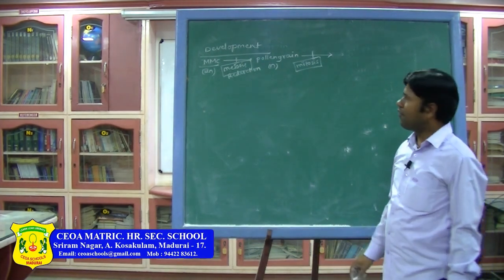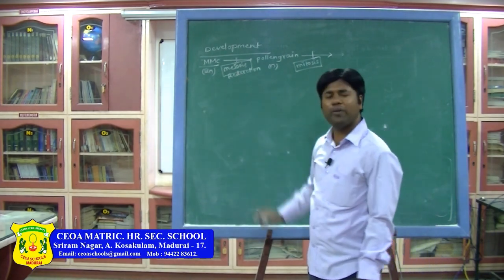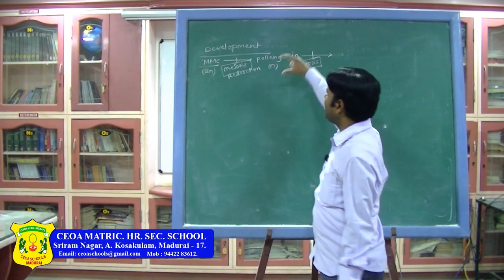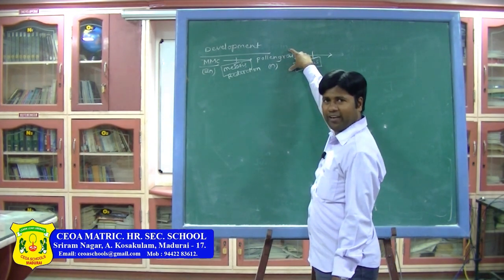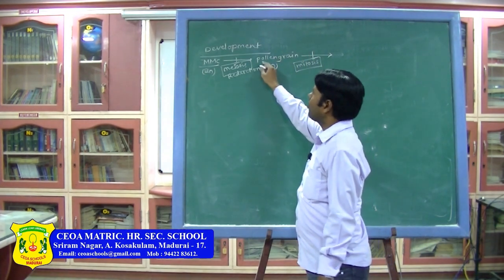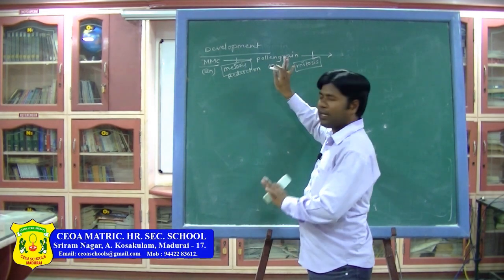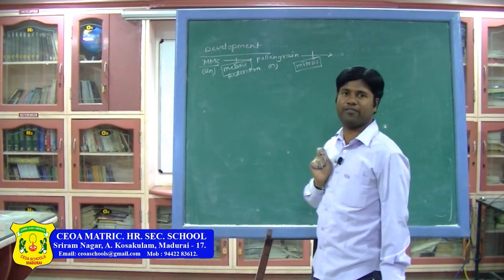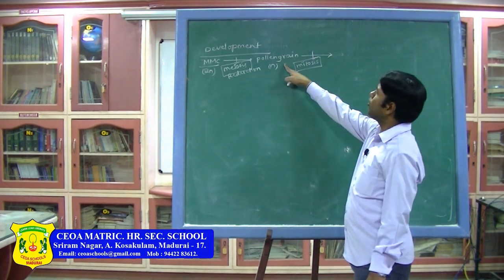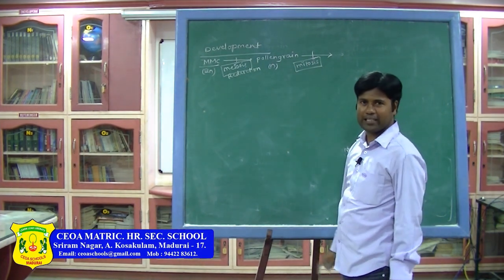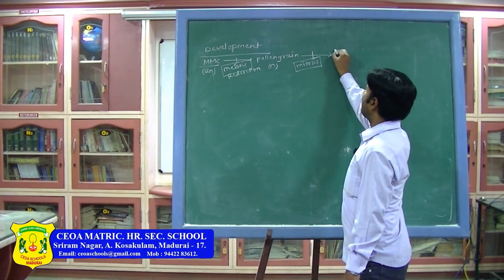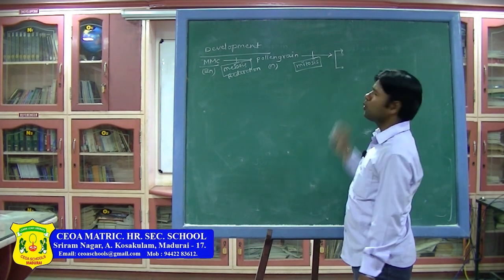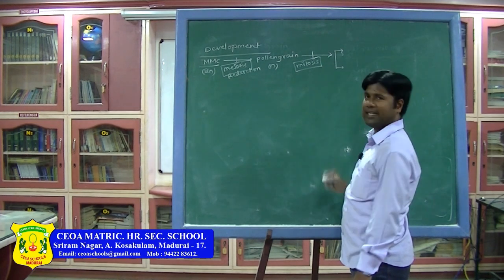We know that due to the meiosis, 4 pollen grains will be formed, but I am denoting here only 1. Let us see what happens with 1 pollen grain. That pollen grain undergoes mitosis. After the mitosis, how many cells will be formed? There will be a formation of 2 cells, because it is a mitosis.